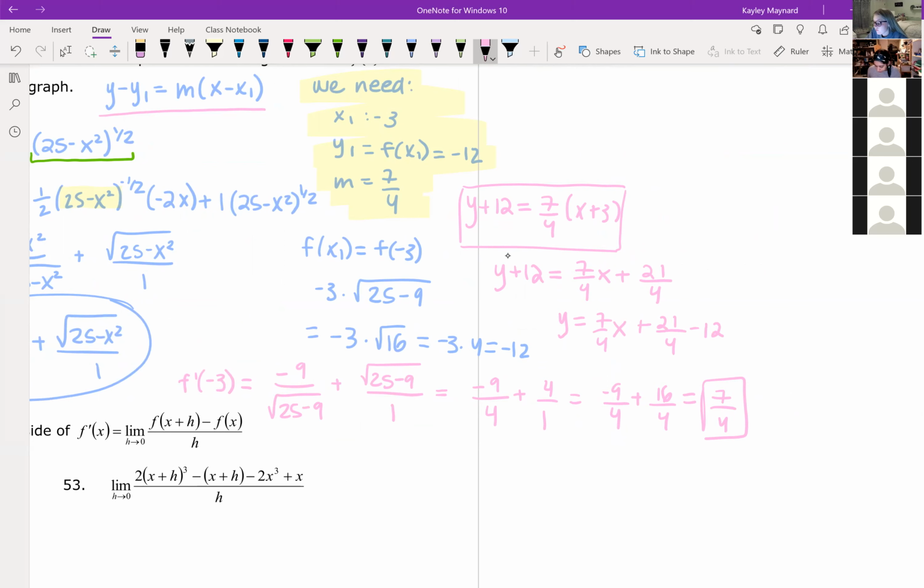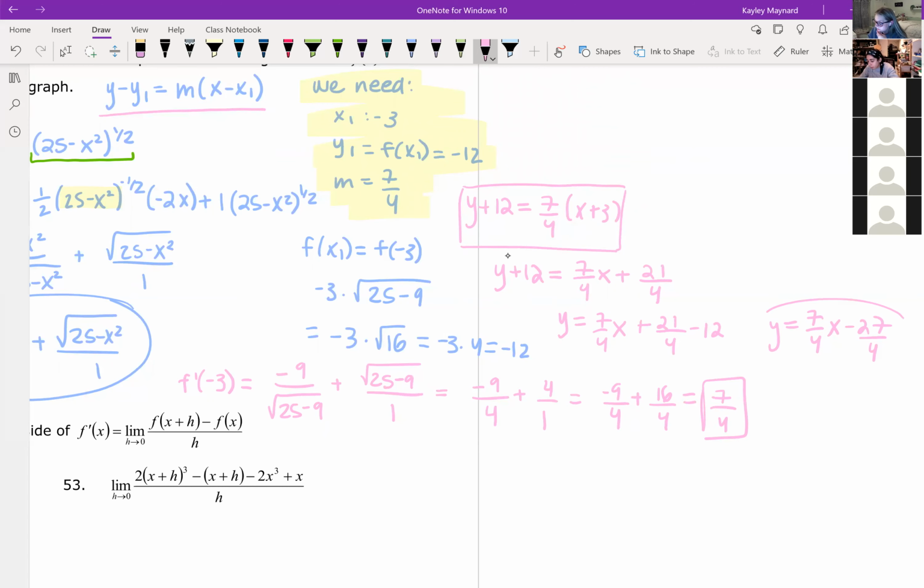So that's 48 minus 21, 27. Make sure that's correct. I think that should be right, but let me double check myself before I graph this. Yes, 27 over 4. Okay. So y is equal to 7/4 x minus 27 over 4. Okay, this is a little ugly to graph, but we can totally still do it.